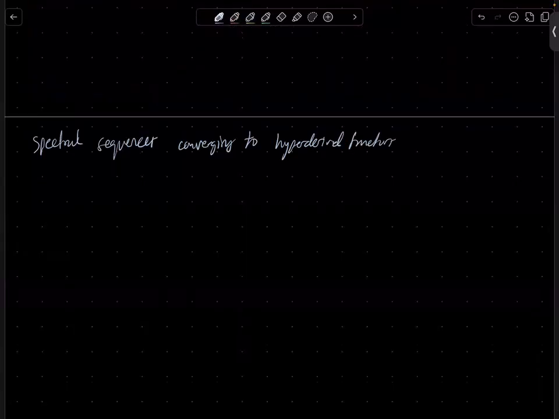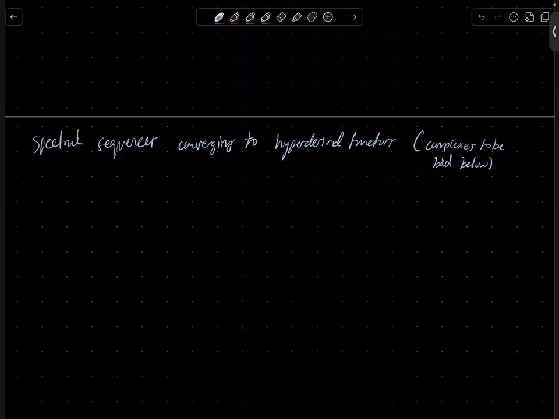So the spectral sequences that converge to these hyperderived functors of complexes. Here we need our complexes to be bounded below, just for technical reasons. Okay, and what I'm going to write down is actually a result.